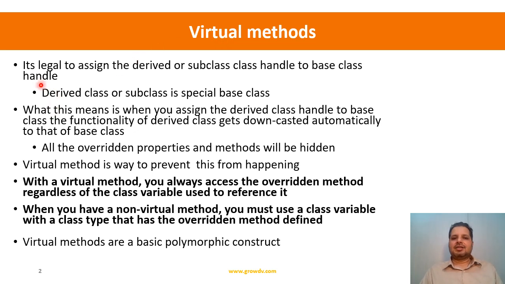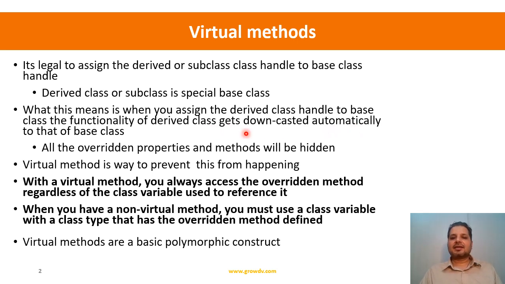So we have already seen that it's legal to assign a derived class or a subclass handle to a base class handle, because a derived class or a subclass is a special base class, which we have already seen. And what that means is whenever we assign a derived class handle to a base class handle, the functionality of the derived class object gets downcasted automatically. That is another way to say it. So we were saying that any overridden thing gets hidden, right?